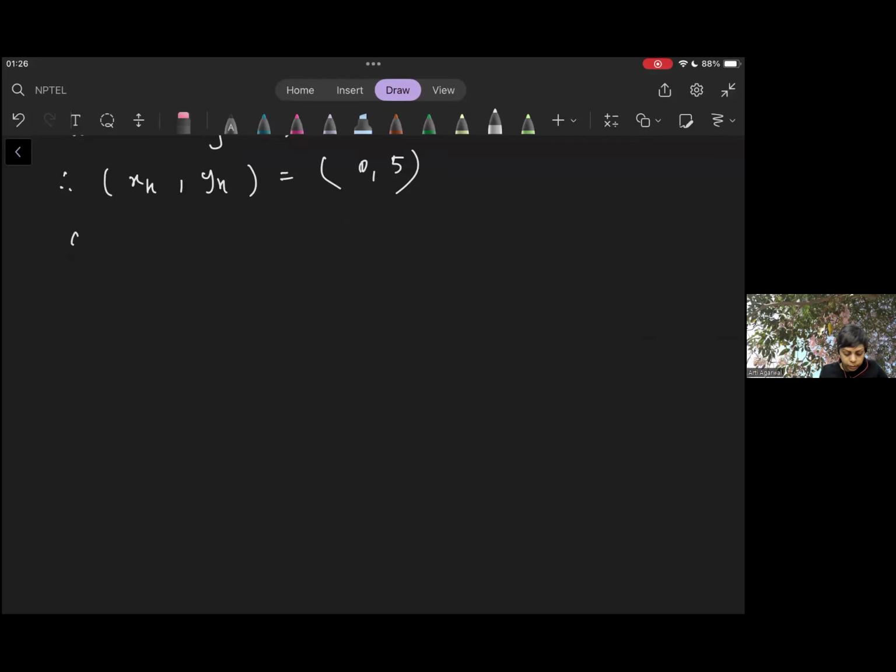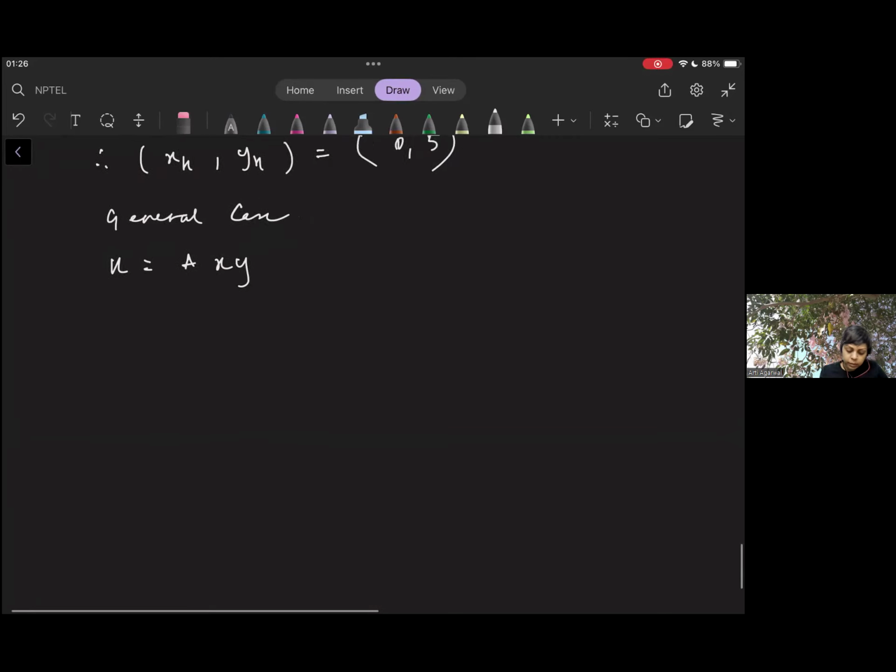Let's take a general case of calculating the Hicksian demand function and expenditure function. So let's take a utility function of the type a x y, something like that, right?